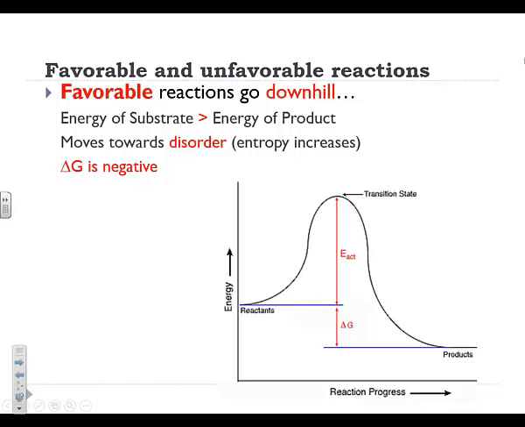So basically the slope, downhill or uphill, is going to indicate whether the reaction is favorable. If delta G is negative, it's a downhill reaction. The energy of the substrate is greater than the energy of the product.